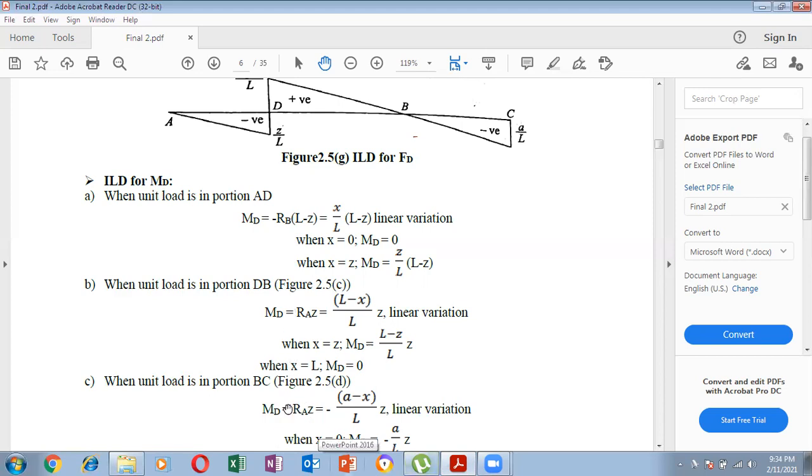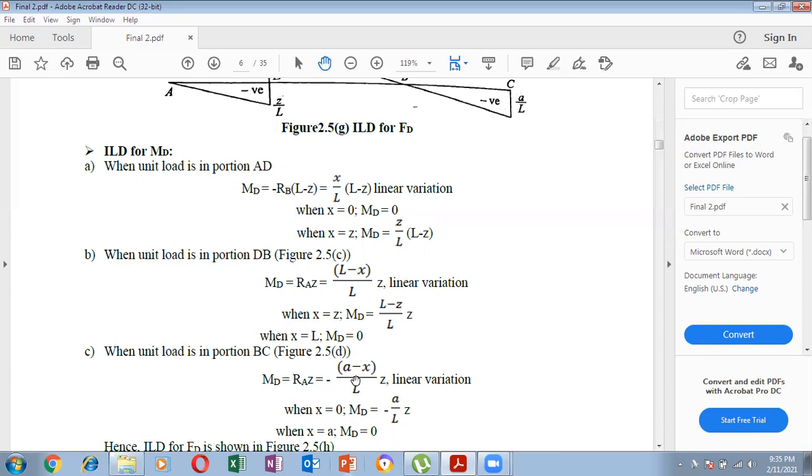However, here the value of RA differs, that is minus (A minus H) by L into Z. Again substituting the boundary condition, when H is equal to 0, it will become minus A by L into Z. When H is equal to A, the moment will become 0.